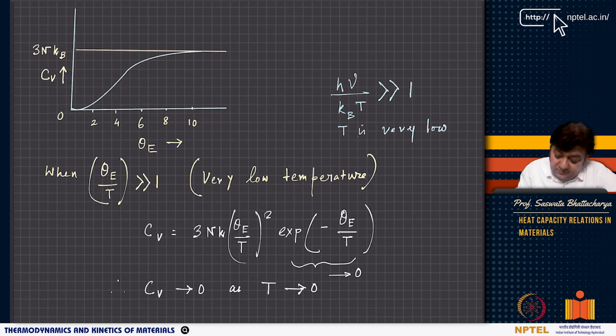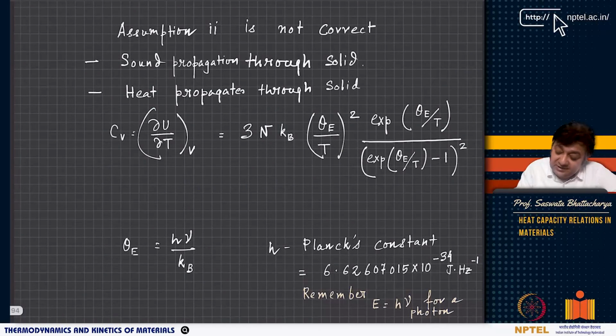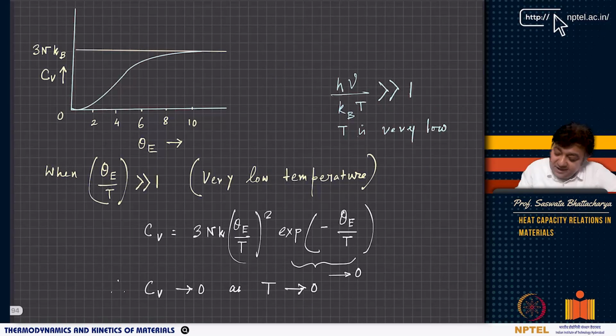As you go to very low temperatures, theta E by T is very large. Then you can approximate the exponential term, e to the theta E by T minus 1 whole square, as e to the minus theta E by T, which tends to 0, because T is very low.